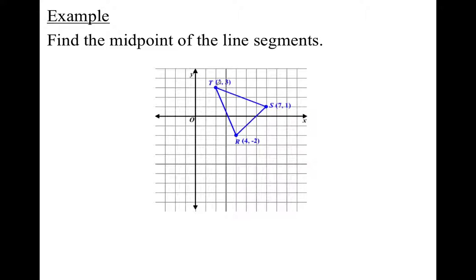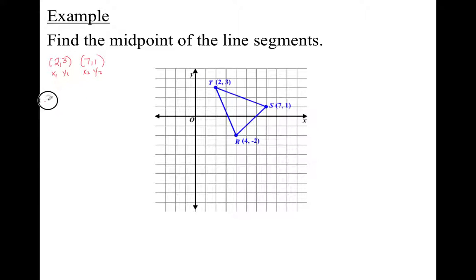So if I wanted to know the halfway point between point T and point S, well, let's look at it. Point T is 2, 3. Point S is 7, 1. So that means I can label x1, y1, x2, y2.